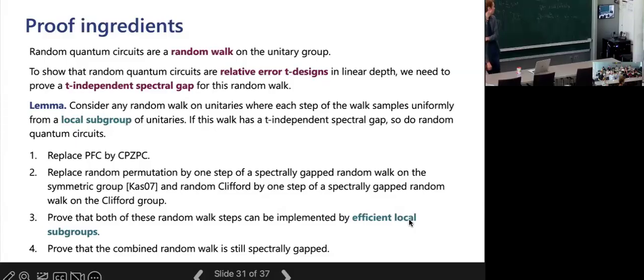Maybe. We just end up taking, I think, one layer of the Clifford circuit, which we can prove is spectrally gapped, because it's the simplest to relate to this local subgroup structure. But the Clifford walk is really a bit of math. It doesn't matter that much.